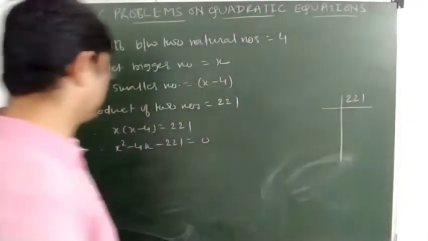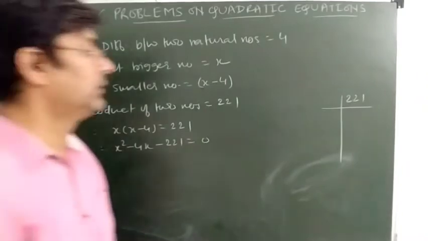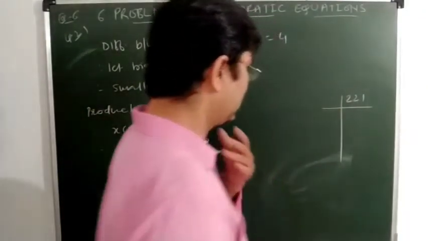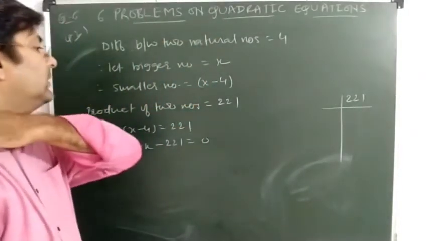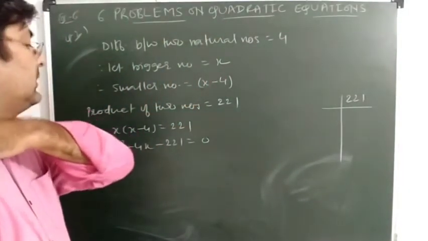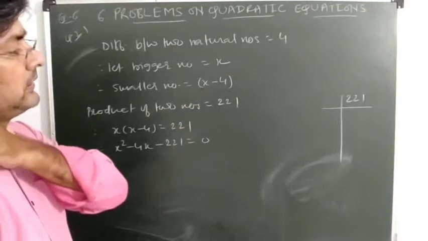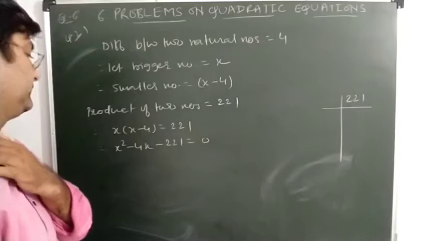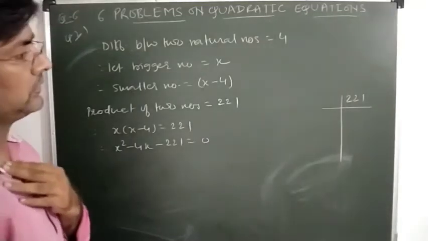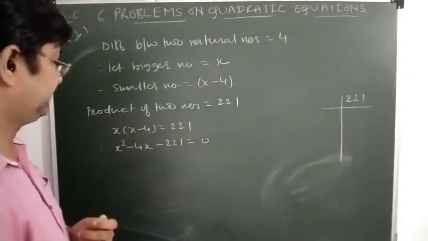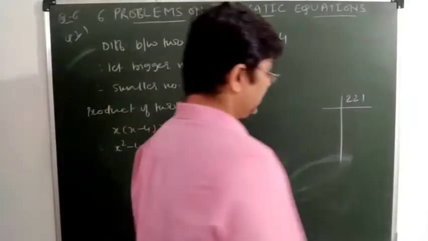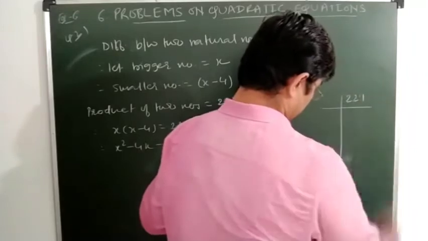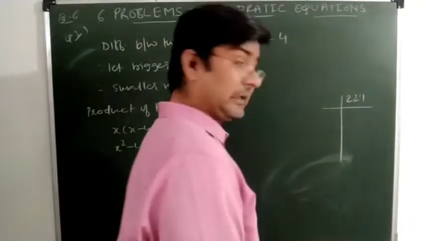By 3 not possible, by 7 not possible, then even by 11 it will not go. What is the next number? 11 and then 13.